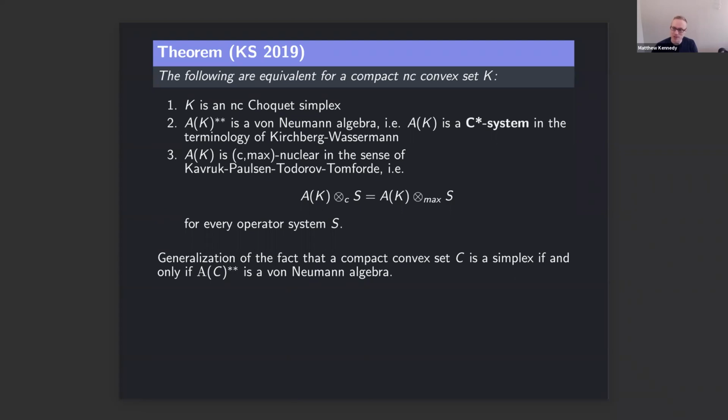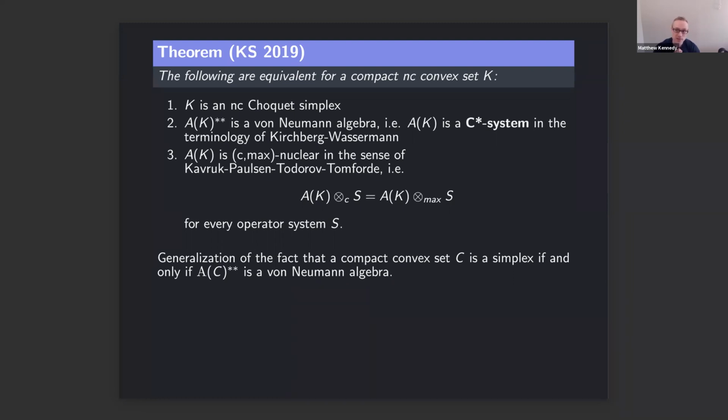It's really a precursor to many of the results about injectivity of von Neumann algebras and C-star algebras. And we have similar characterizations of NC Choquet simplices. In particular, I'll draw your attention to number 2, which says that K is an NC Choquet simplex if and only if the corresponding operator system has the property that its bidual is a von Neumann algebra.